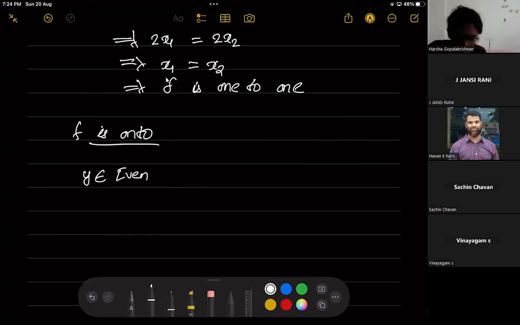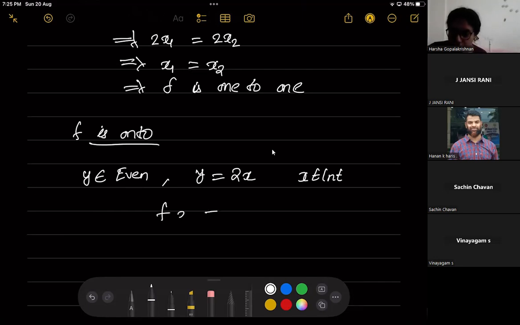Since y is an even integer, what can we write? y equals 2x, and x will be an integer. Since it is an even integer, it will be in the form 2n or 2x, where x is an integer. Now, what will be f of x by definition?